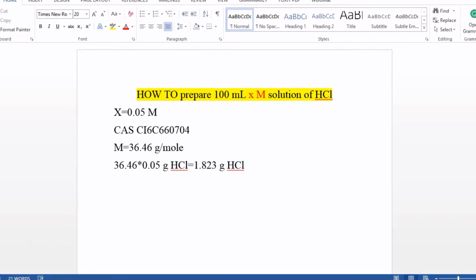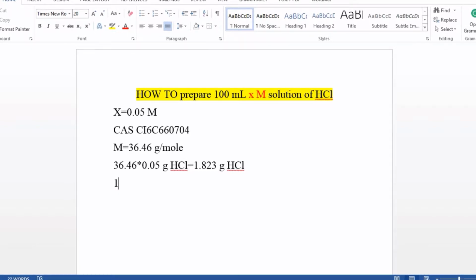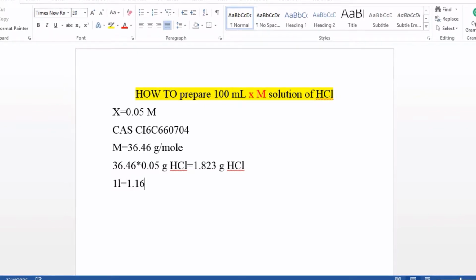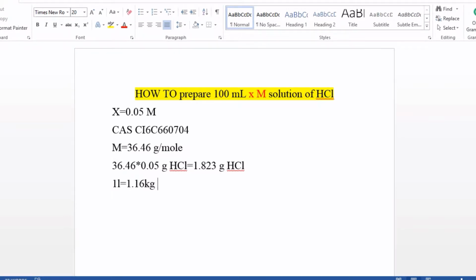For doing this, you will find another thing on the company label of the HCl you purchased. For my case, I am just showing what has been given on the label, that 1 liter is equal to 1.16 kilogram. So it means that 1 liter HCl has a mass of 1.16 kilogram.